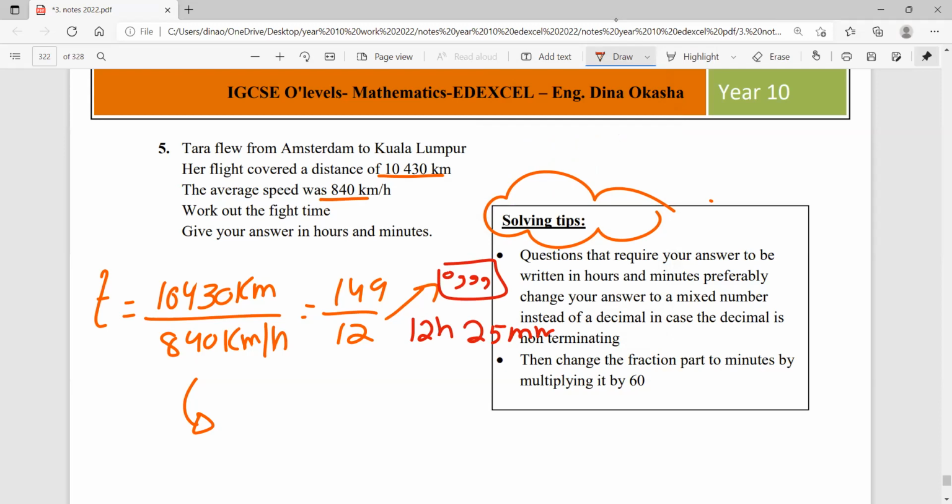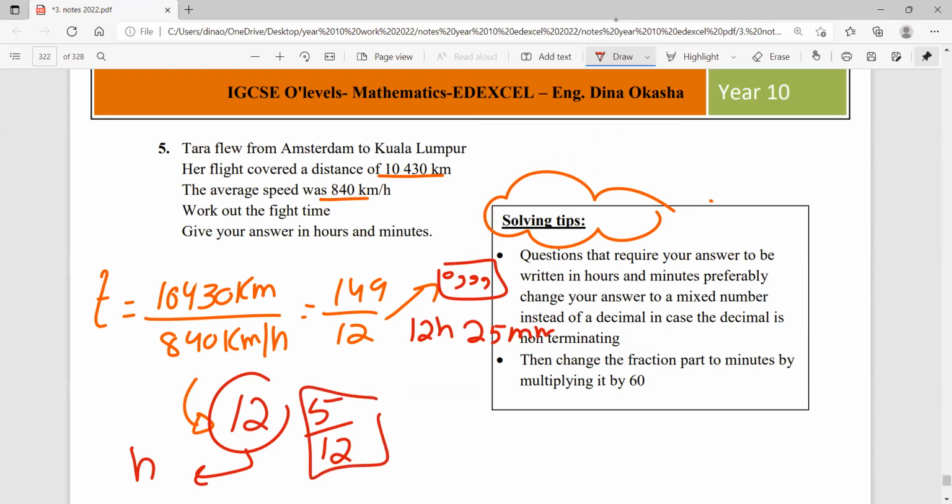Shift SD gives me 12 and 5 over 12. So the hours are ready. This fraction you need to change to minutes. How would you do that? Multiply by 60. So I'm going to do it on the calculator: 5 over 12 times 60 gives me 25 minutes right away.